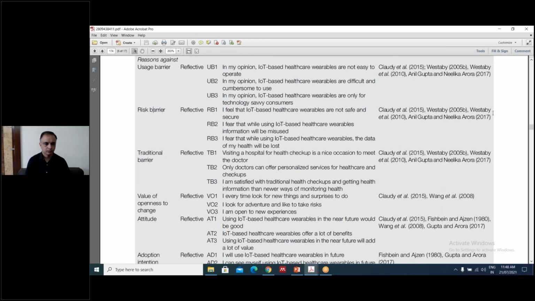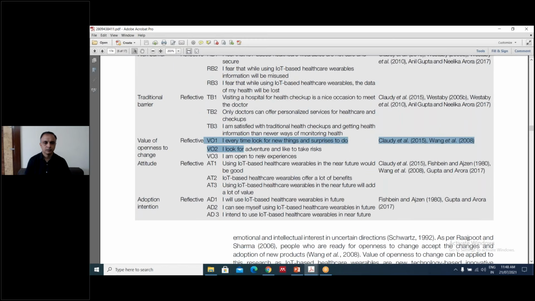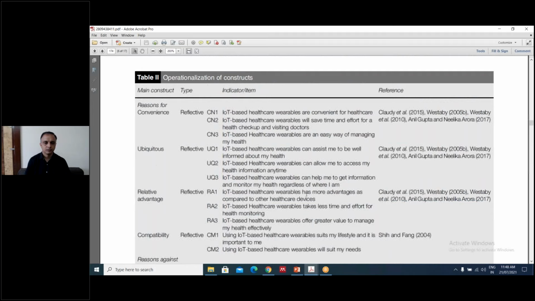The beauty here, my dear friends, is that RF and RA are context specific. At that time, there was no literature available for RF and RA, especially for a new technology, in an emerging economic context like India, and for a vulnerable section of society like senior citizens.